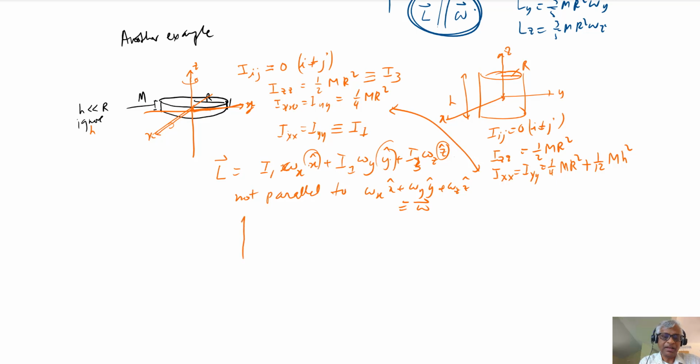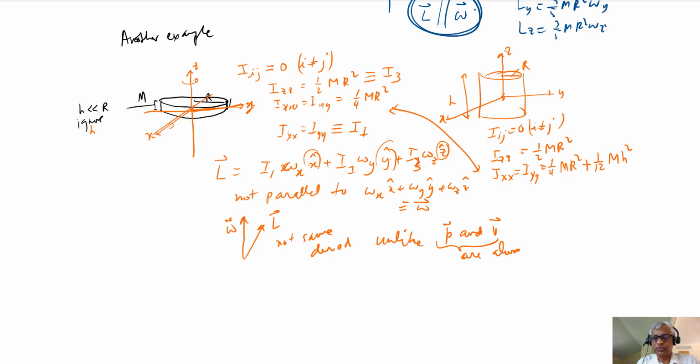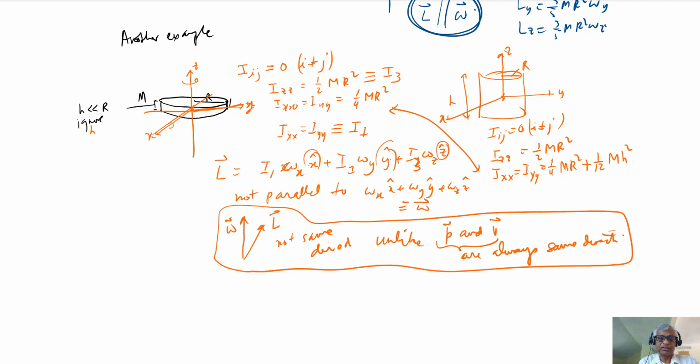So the omega direction is that way, then the L direction may be that way, not the same direction. And this is unlike p and v. These are always in the same direction. So just make sure that you understand this. This thing is very important.